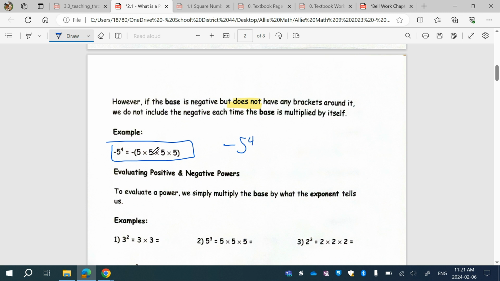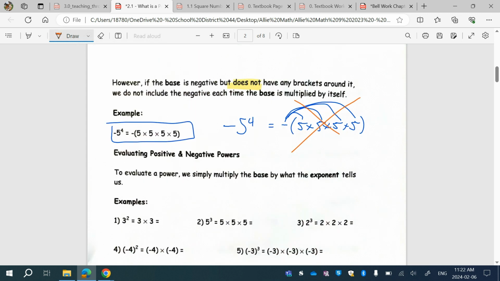That means we don't repeat this negative when we're doing our repeated multiplication. So it's actually just the negative on the outside and then 5 times 5 times 5 times 5. So the negative is not in each of them. It just occurs once. It doesn't recur as part of our repeated multiplication. Okay, so actually I should cross that out. So it's not like that.